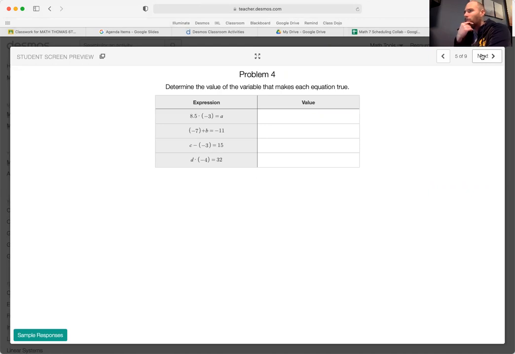All right, well, the first one says 8.5. I'm going to do this one in purple. 8.5 times -3 equals A. Remember, I can put a number right up against parentheses with no dot between, and that still means times.